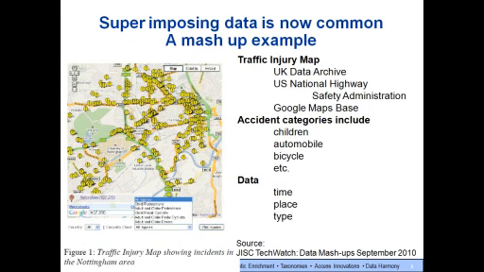So we have United Kingdom Data Archive data. We have U.S. National Highway Safety Administration data reporting different kinds of accidents. And the accident categories include those having a child involved, those having an automobile, those having a bicycle, and so on. And in addition, we can look at this map by date and time and place.